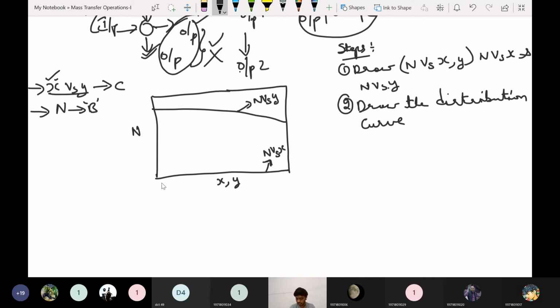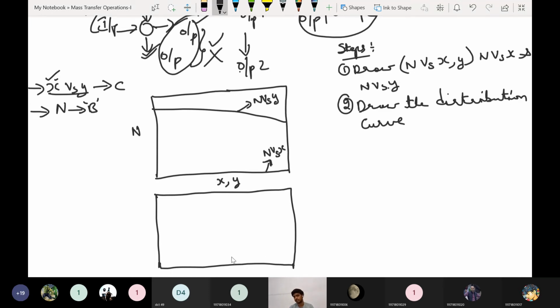To connect these graphs, we have to evaluate double graphs here. So this is not as easy as discussed in distillation, so we have to follow it carefully. Another graph, at the bottom of this N versus X, Y graph, we have to draw with the same x-axis, the same length of x-axis as such.